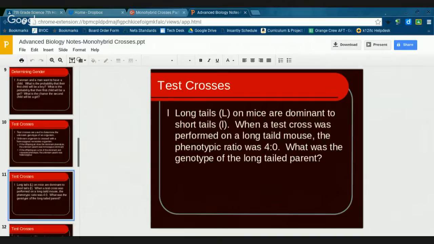Because remember, since it's a test cross, one of the parents is homozygous recessive. The only way for all of those offspring to show the dominant phenotype is if the unknown parent had two copies of that dominant allele to pass on. So that's what that third cross is.